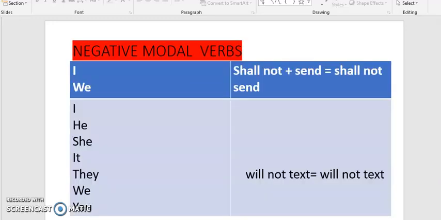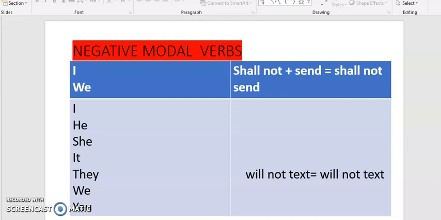Okay, so now we go to negative modal verbs. As I mentioned earlier, we can simply add the word not after will. So the sentence will be, I shall not send, we shall not send. Now, I choose the word text for negative future tense.